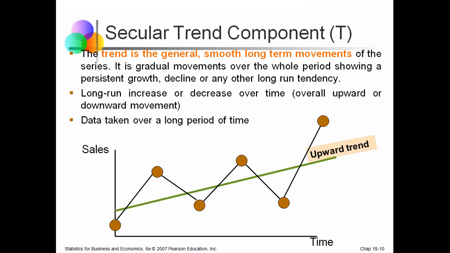For example, if you take sales, this is time on the x-axis, and this is sales. If you take it from 1991 to 2020, from 1991 to 1993-94 the sales may increase. Later on, it can decrease. After that, from 1995 or 97, the sales may increase up to 2020.